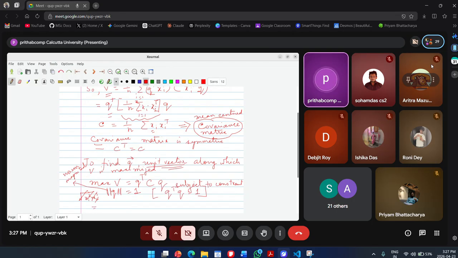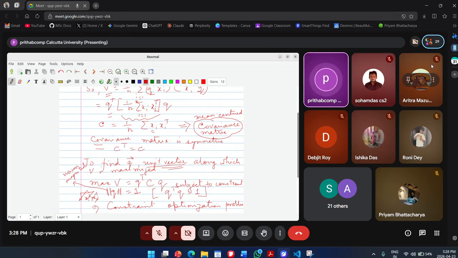Now this type of optimization problem is called a constraint optimization problem. You remember that in linear regression, we solved an optimization problem. We wanted to minimize the least square errors, so we did differentiation, equated to 0 and got the values of those parameters.